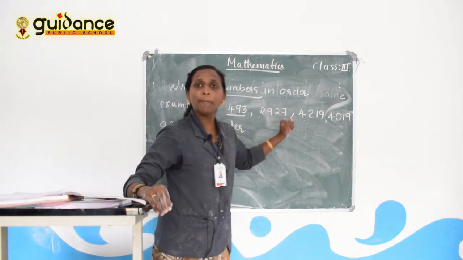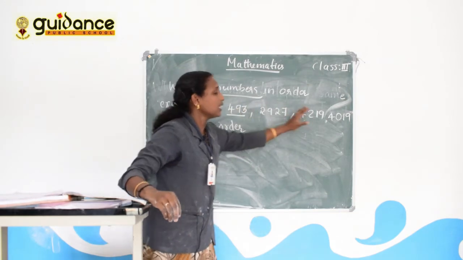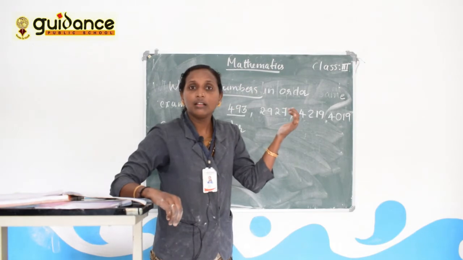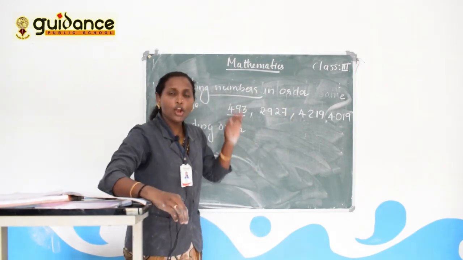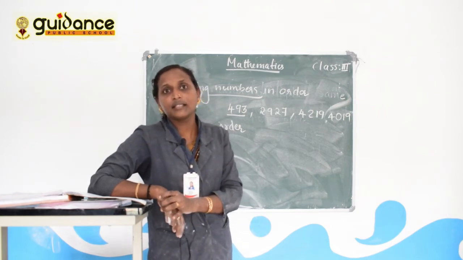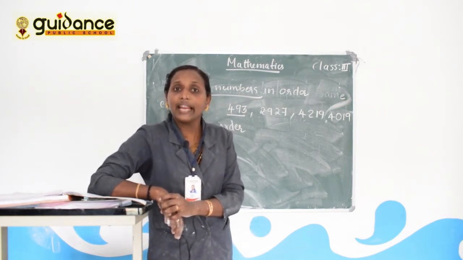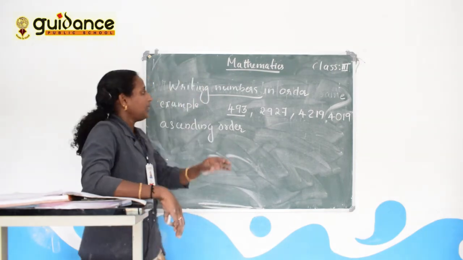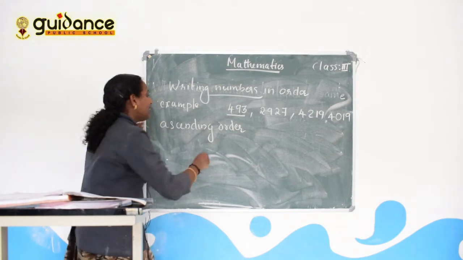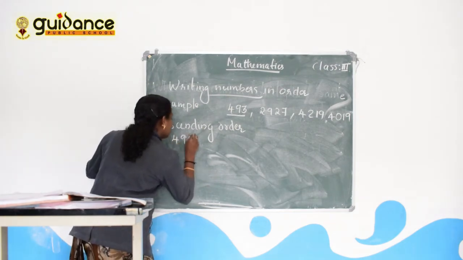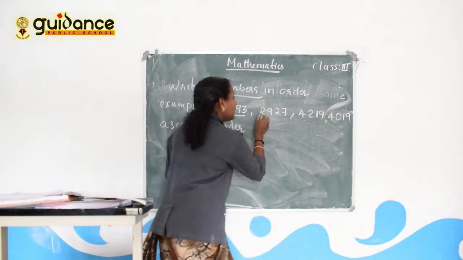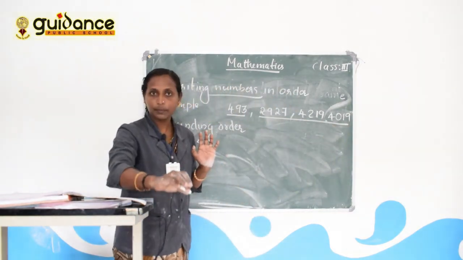These three are 4-digit numbers. This one is a 3-digit number. I already taught that the number with more digits is the bigger number. That means 493 is the smallest number that we have to write first.